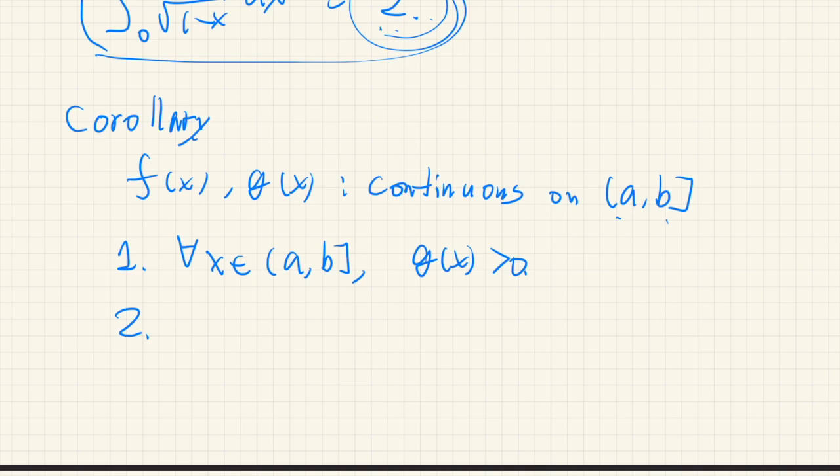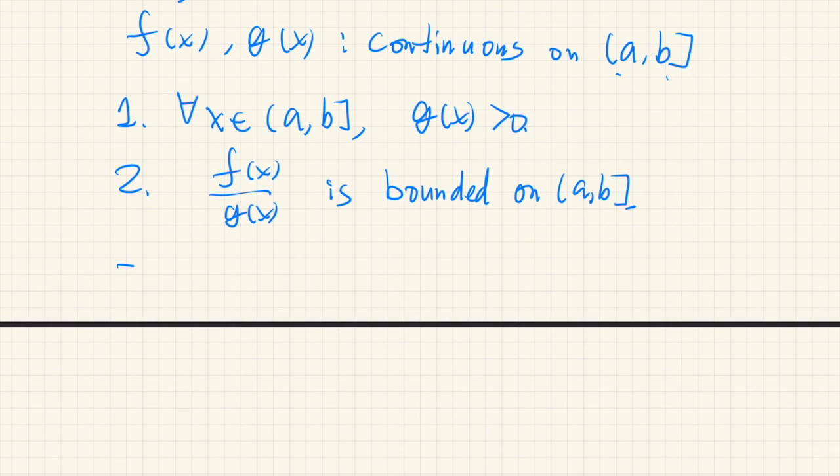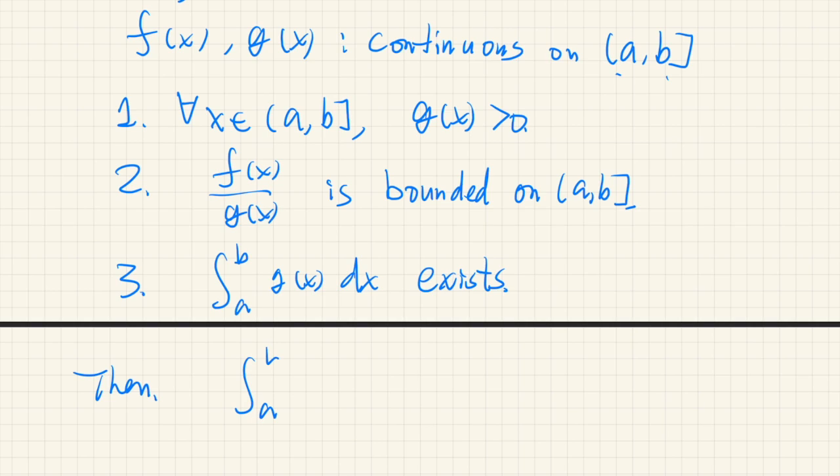Second, f of x over g of x is bounded on this interval. And three, the improper integral from a to b of g of x exists. Then this improper integral of f of x does exist.